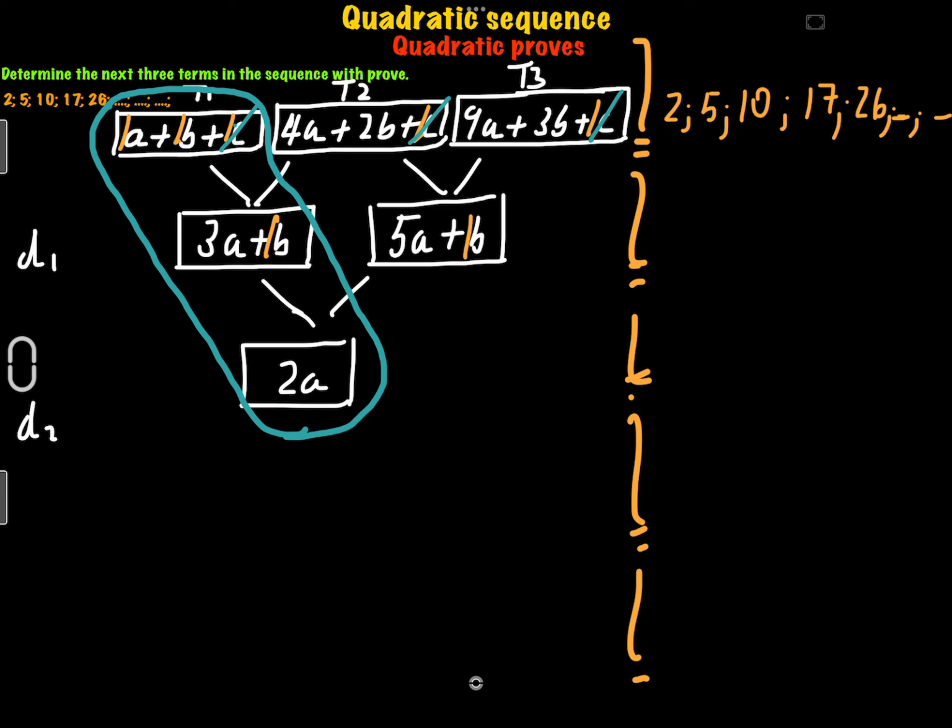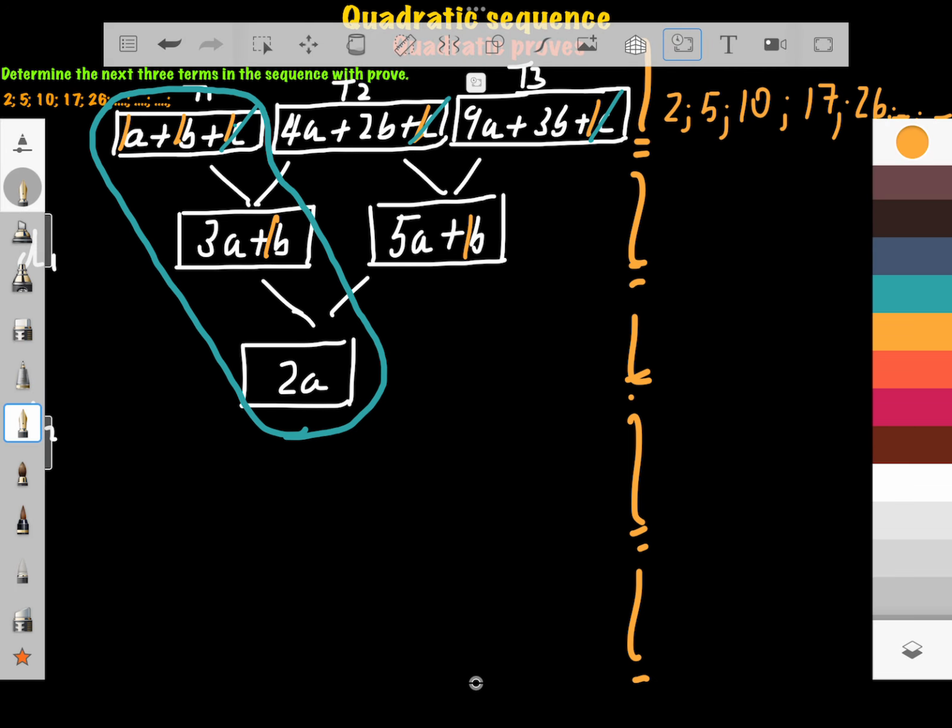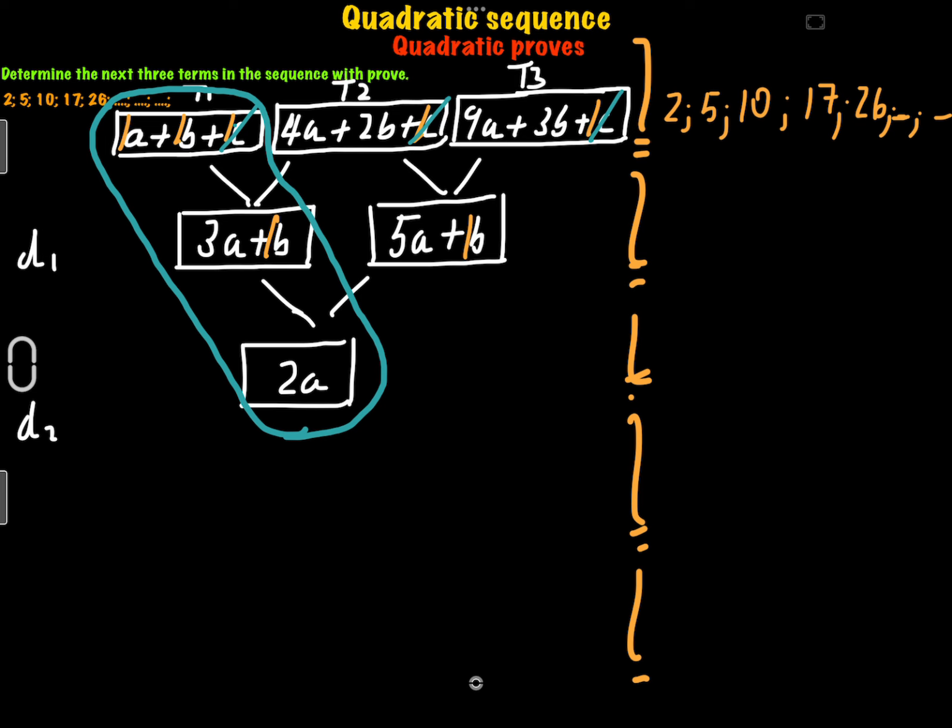So moving on, to find the difference in this case, let's first find the first difference. 5 subtract 2 gives us 3. 10 subtract 5 gives us 5. 17 subtract 10 gives us 7. 26 subtract 17 gives us 9.